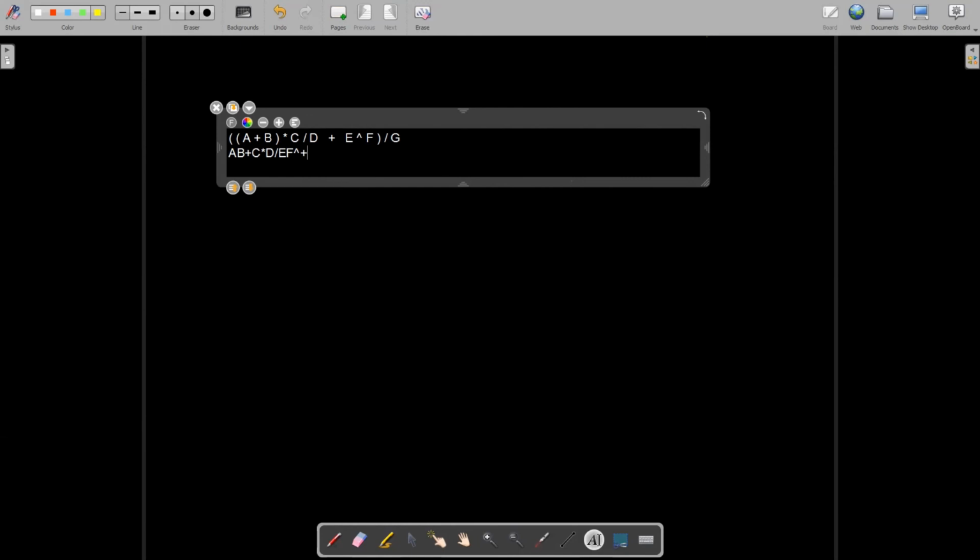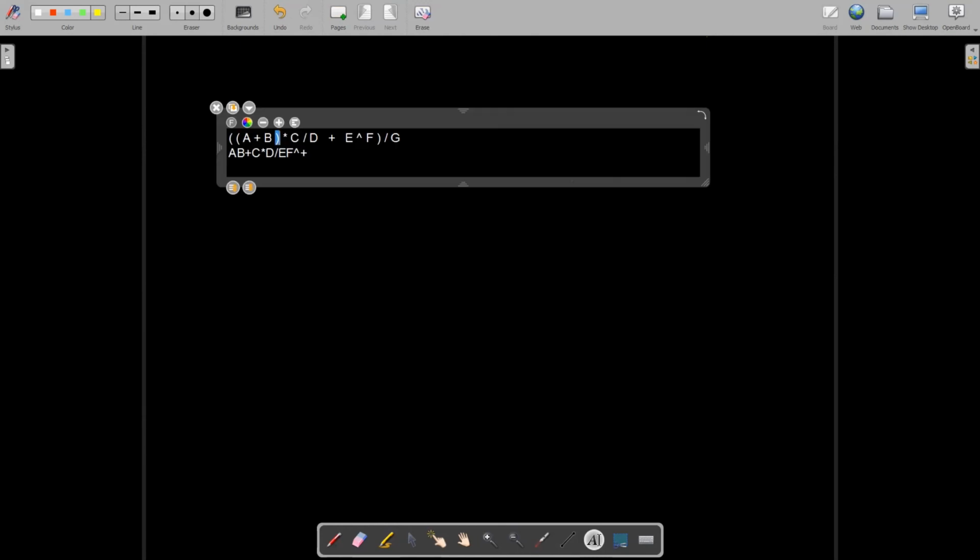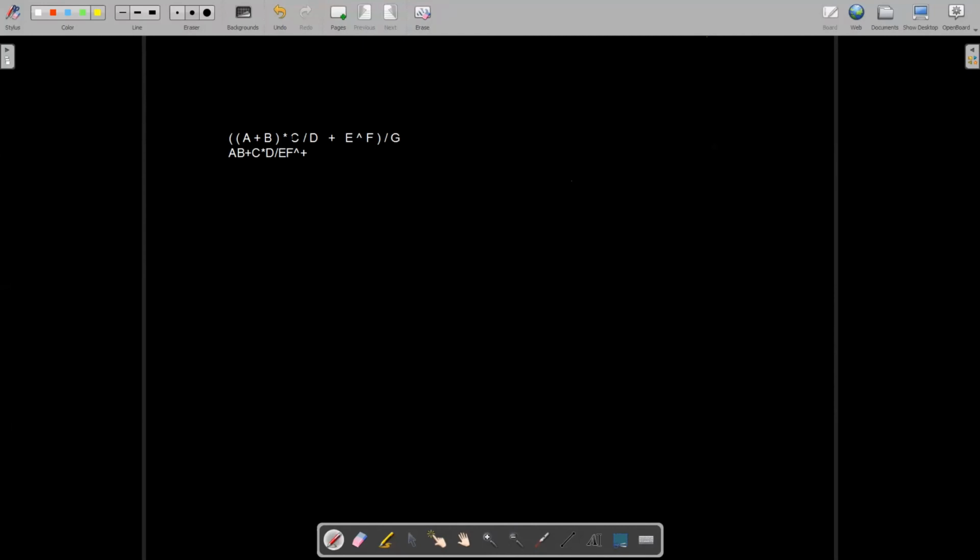Let us revise. A plus B, so AB plus. E, F and exponentiation we have done. Now to this bracket we have multiplied C. So AB plus C multiplication, then D division. Now this part and this part have to be added.